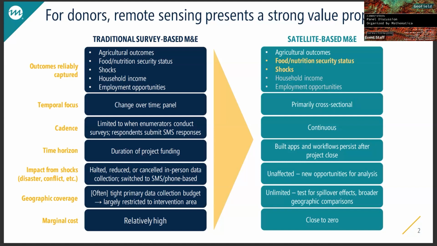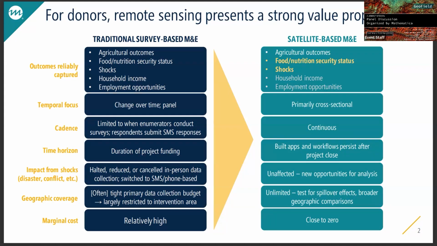And I think one of the factors is that in-person data collection to validate that panel aspect of satellite-informed analysis has often been lacking. There are big benefits from a timing perspective that really are a boon for donors and for the evaluators of these interventions. So under traditional M&E, your cadence is really restricted to when enumerators are in the field.